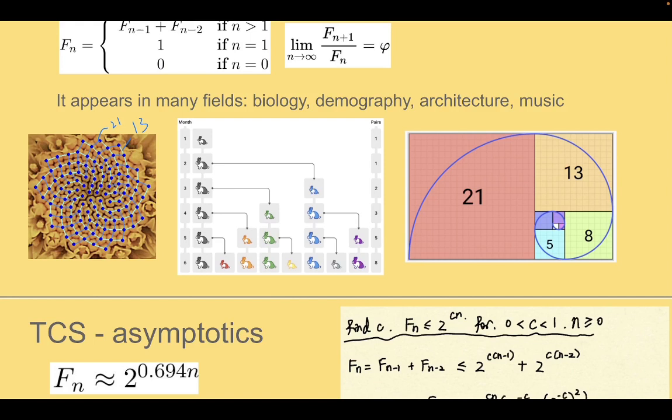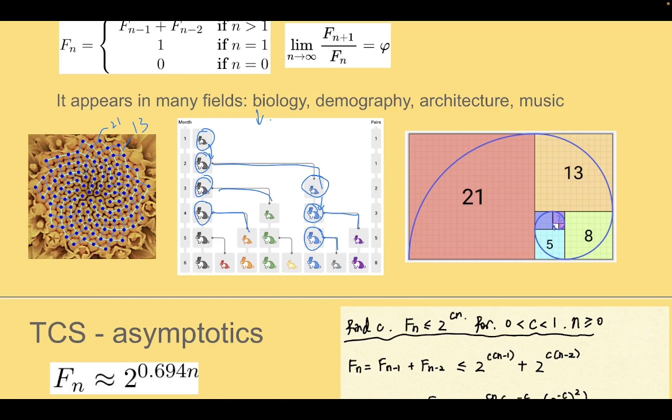And in this picture, a small rabbit becomes a big rabbit in the second month, and gives one child every month after that. Small children become big rabbits and give one child every month. The total number of rabbits is the Fibonacci sequence, and this is the most famous visualization of it.